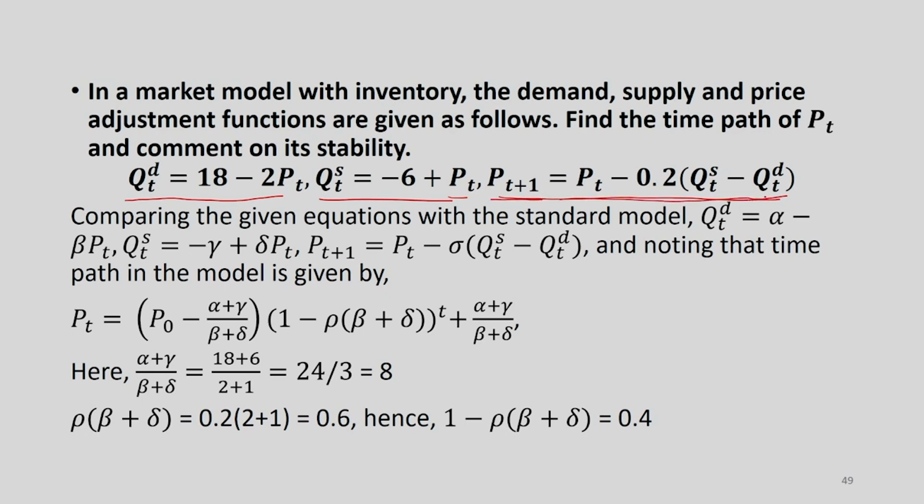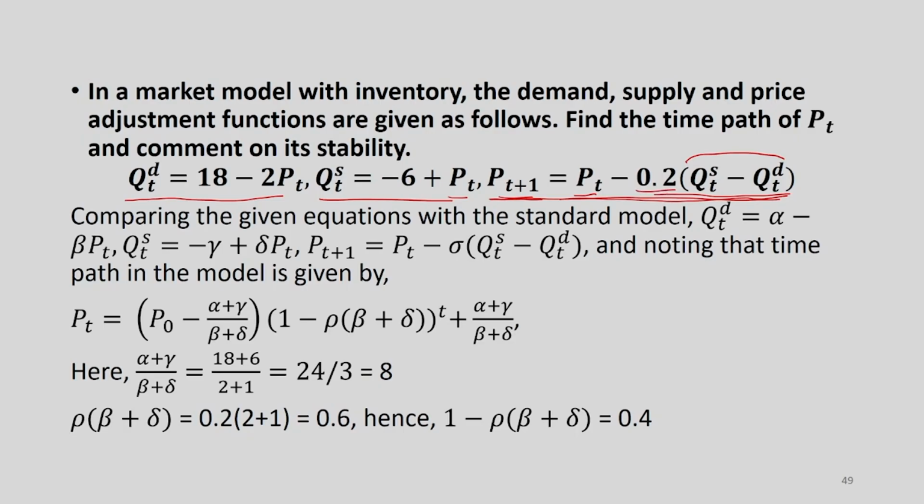So, price in the next period, that is Pt plus 1, will depend on the price of this period, but it also depends on the excess supply in this period. This is the excess supply QSt minus QDt, and this is getting multiplied with minus 0.2.